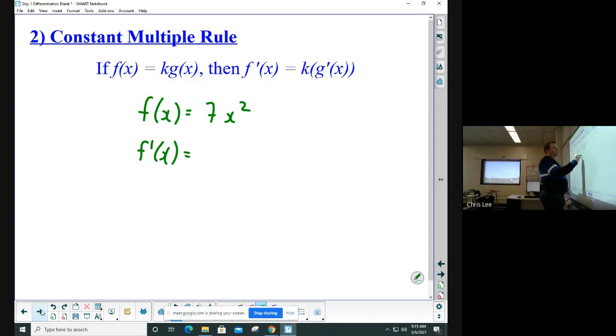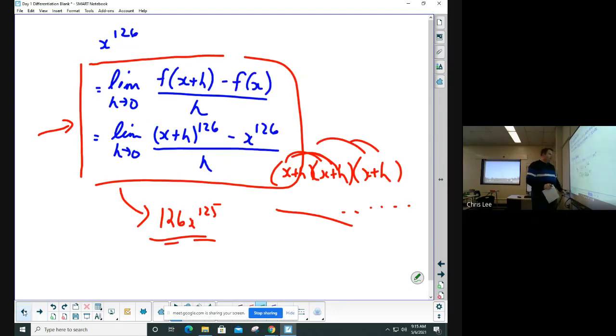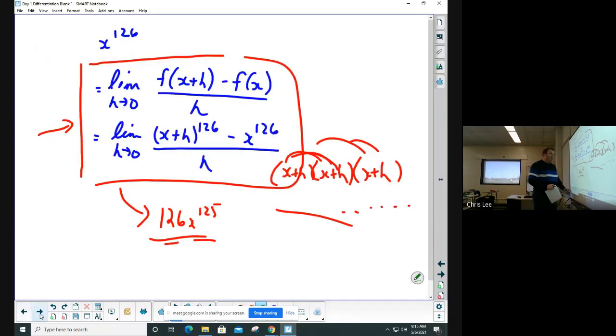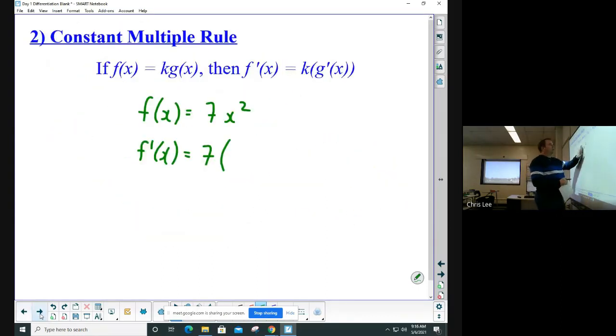If there is a coefficient, ignore it for a moment and take the derivative of the function. So pretend it's just x squared, just like the power rule, right? Oops. The power rule doesn't have a coefficient. So we're just going to take the derivative of this using the power rule. And the power rule says the derivative of x squared is 2x.